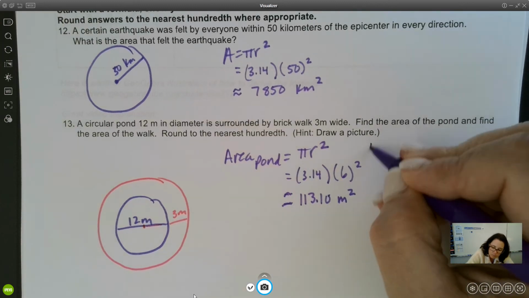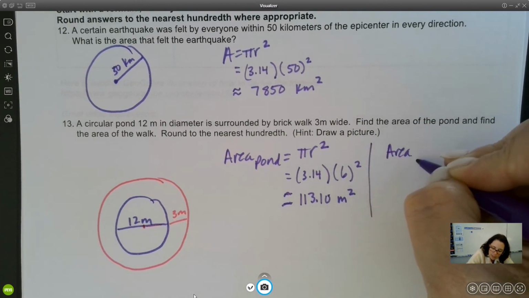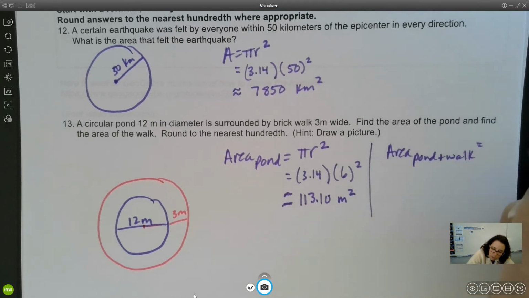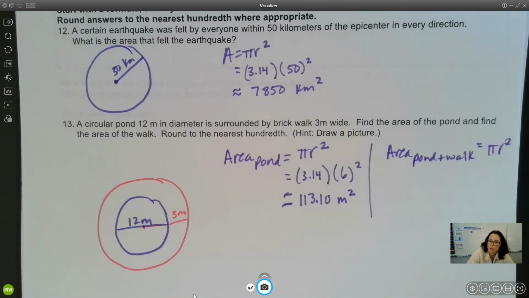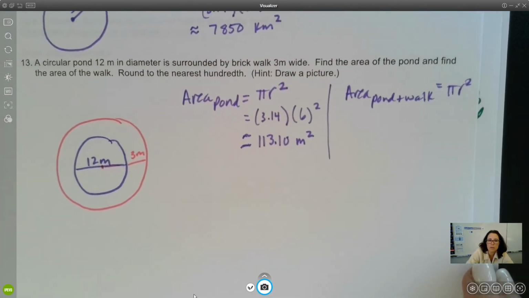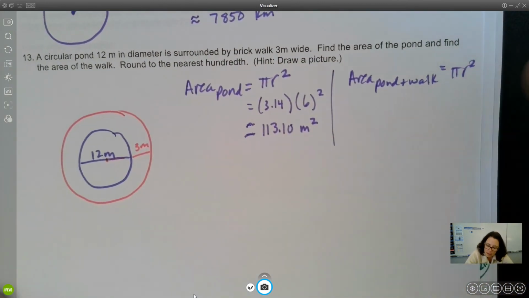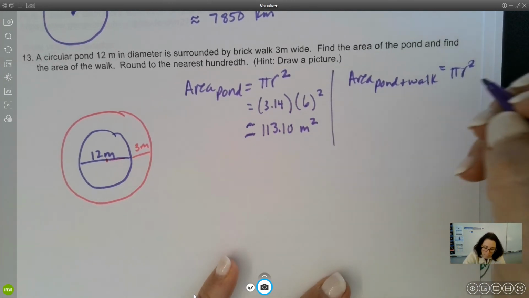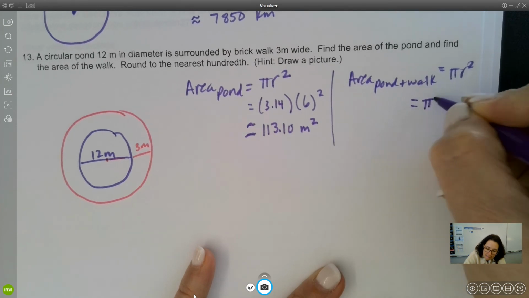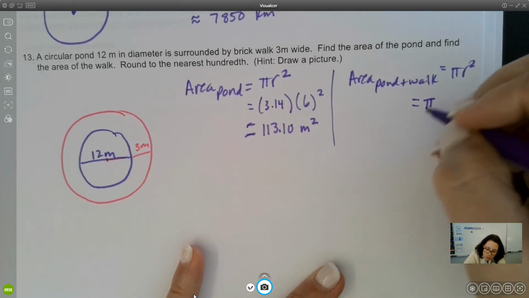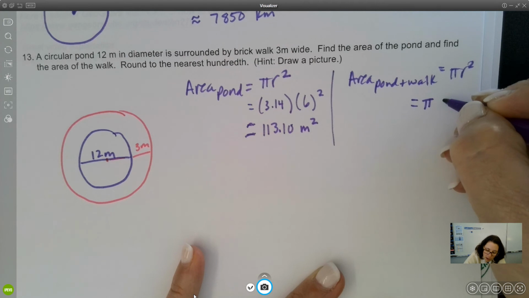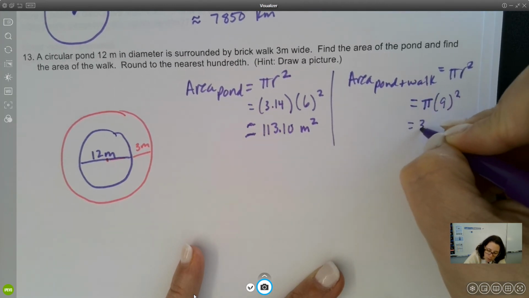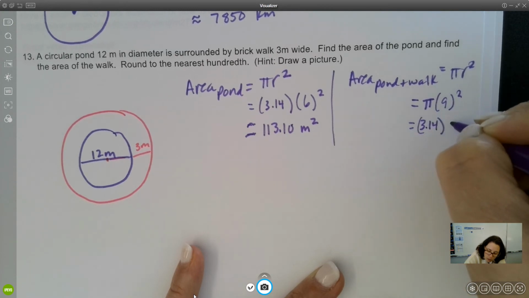So area of the pond and walk. Pi r squared, let me scooch it over a bit and up. All right, so let's do pi. I should have put 3.14, but that's okay. 9 squared. So we're going to do 3.14.